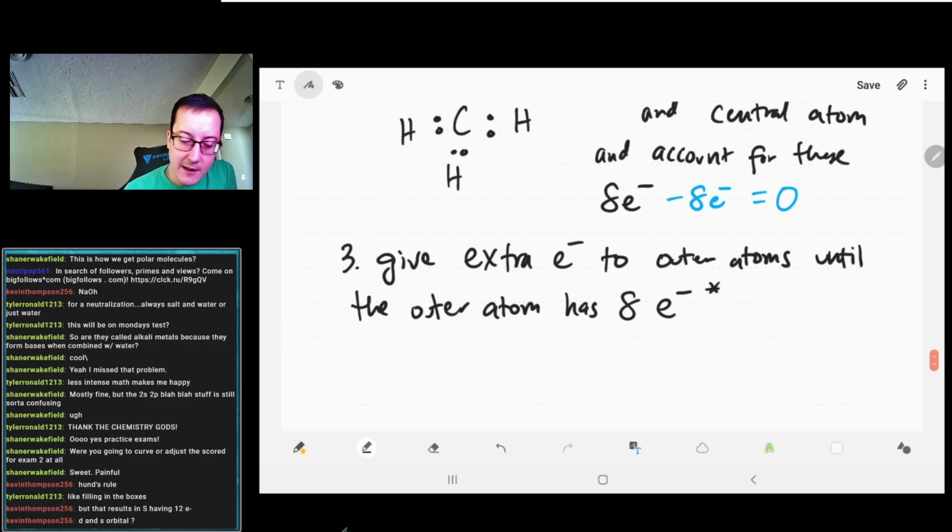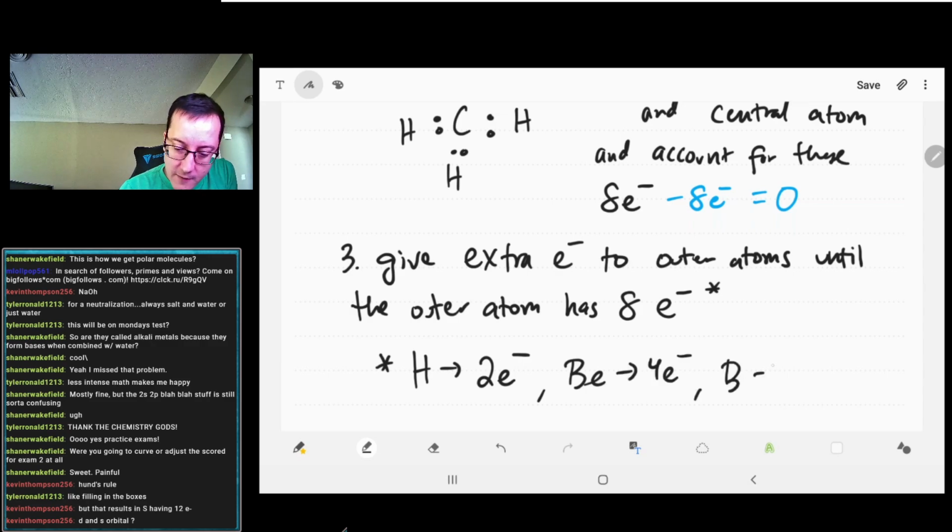That's going to have a little asterisk. For hydrogen, it's 2 electrons. For beryllium, it's 4 electrons. And for boron, that's 6 electrons. These are the only exceptions to this. Everything else wants 8. So 3 exceptions. We're going to go through these rules, don't worry. I know I'm just blurting them out there, but we'll go through them.